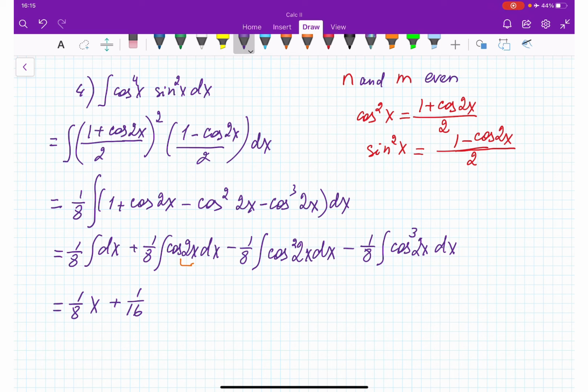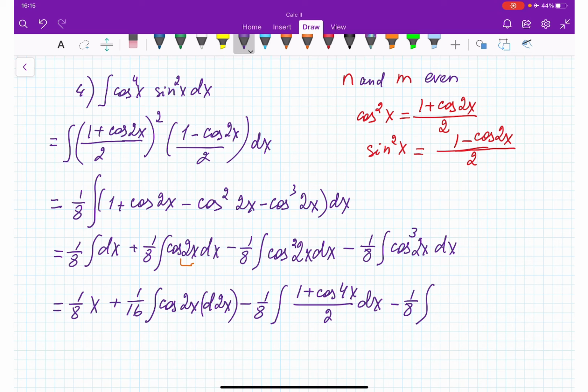So we are getting integral cosine 2x d 2x, right, minus 1/8 integral cosine squared 2x is going to be 1 plus cosine 4x. I am applying the formula for cosine squared x over 2 dx and minus 1/8.